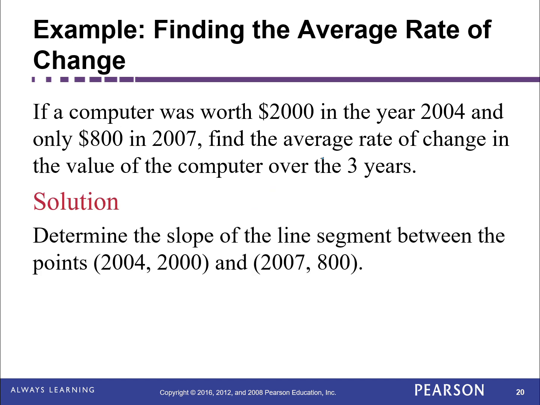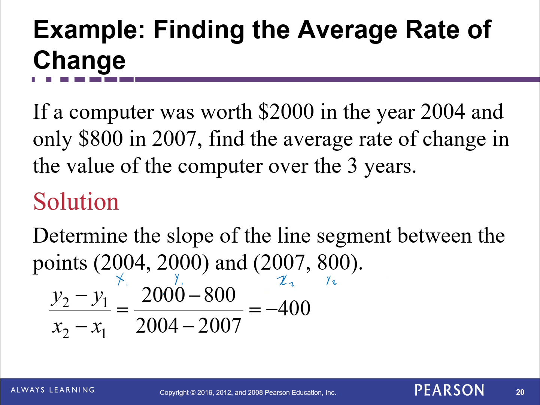Well, in 2004 it was $2,000, so that would be our initial point, our x1, y1. And our new point here would be 2007, which is x2, y2. Then we can use the slope formula.